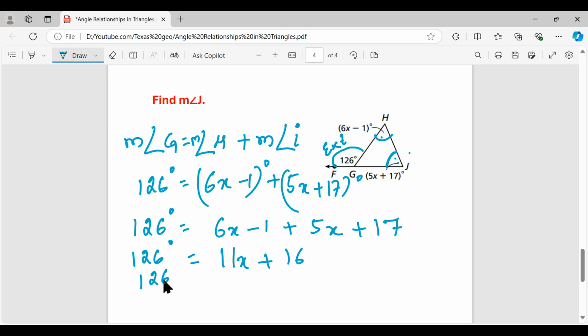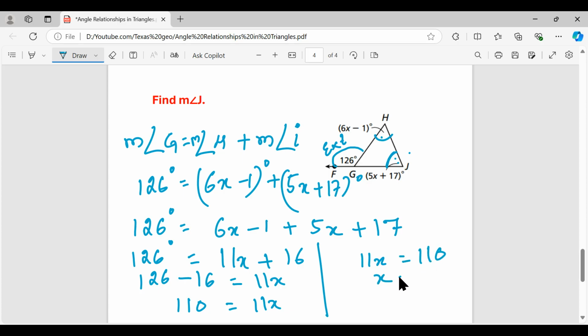So 126 minus 16 equals 11x, and here you get 110, and here you have 11x. So from here 11x equals 110, so x equals 110 over 11, that gives you 10. So we got the value of x as 10.